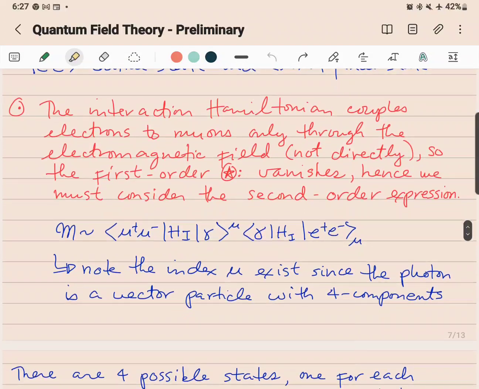The connection is actually given by this one here, the gamma mu, and then the gamma, that's the photon, and this is the vertex of the two vertices, the initial and then the final.